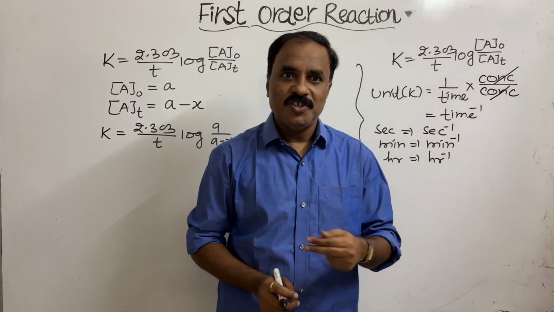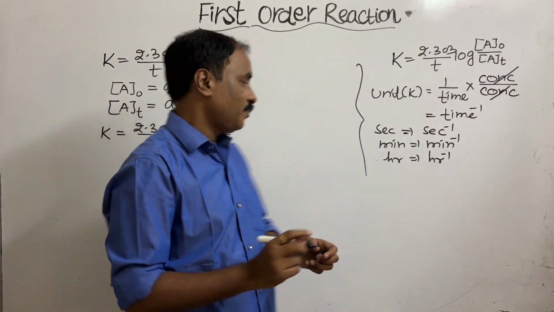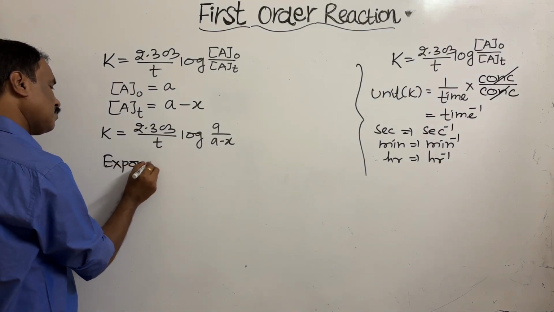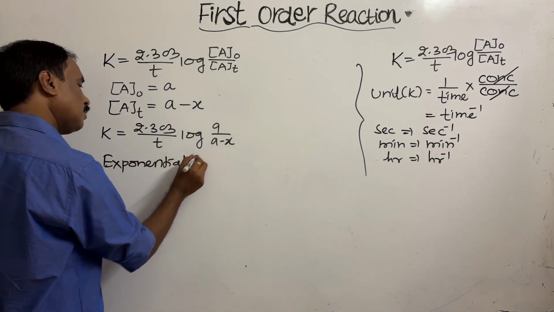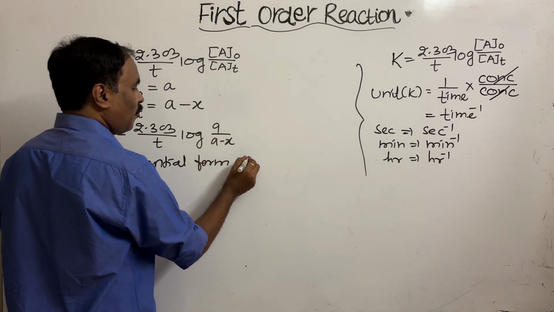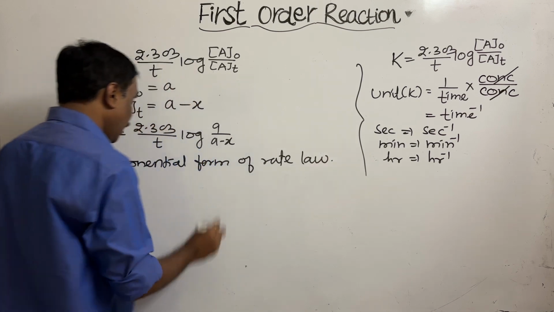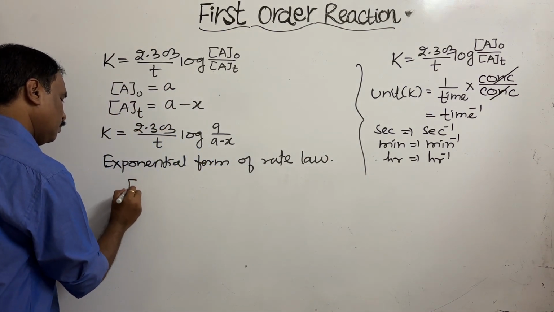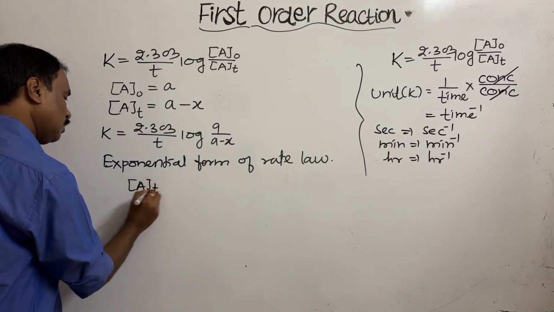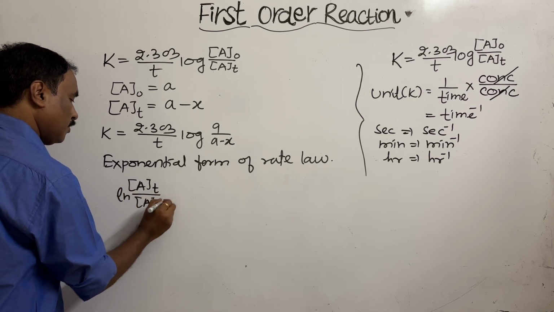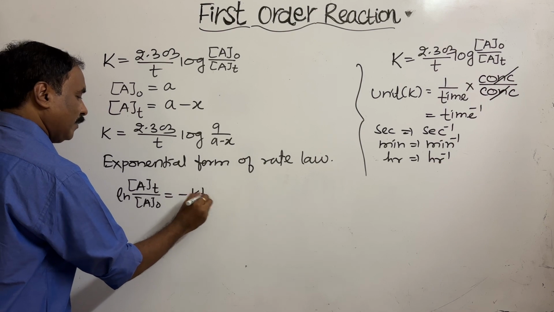Now what is exponential form of this first order kinetics? Exponential form of rate law. We know that log of AT upon A0, we have seen, is equal to minus kt.